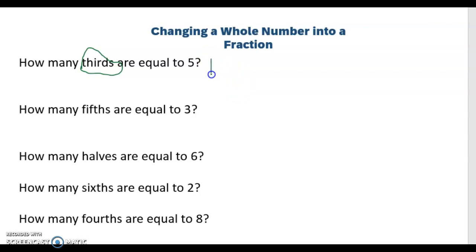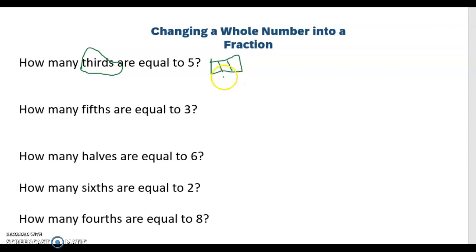If I drew a rectangle, it would be in 3 pieces. It's asking us how many of these it takes to equal 5 wholes. So 1/3, 2/3, 3/3 equals what?